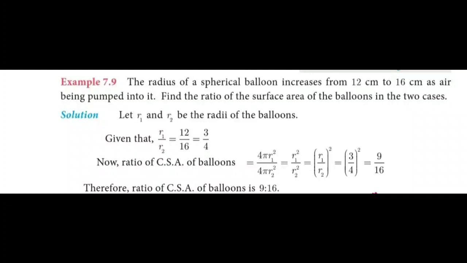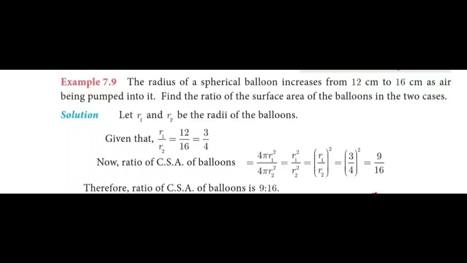So we have to find the ratio of the surface area of the balloons. Solution, let r1 and r2 be the radii of the balloons, that means r1 be the original position, then r2 after the air is pumped.